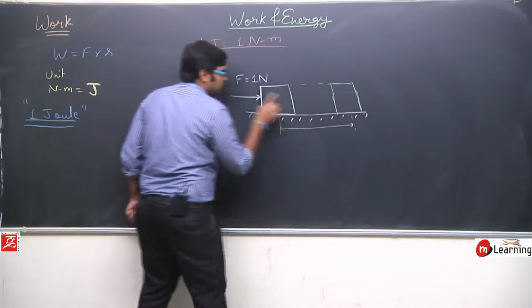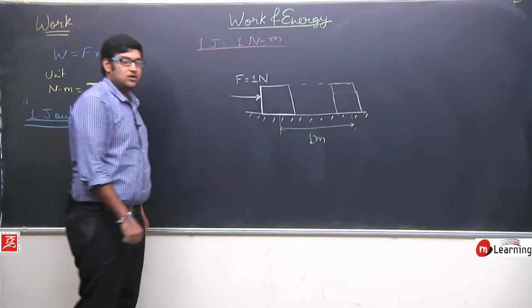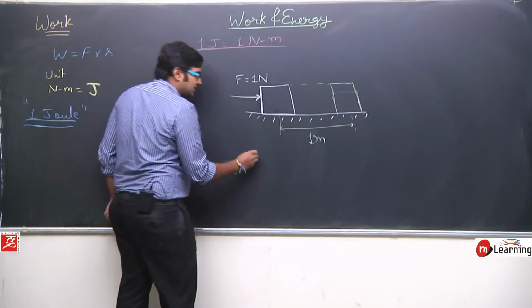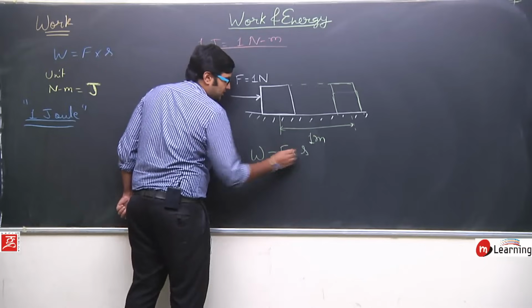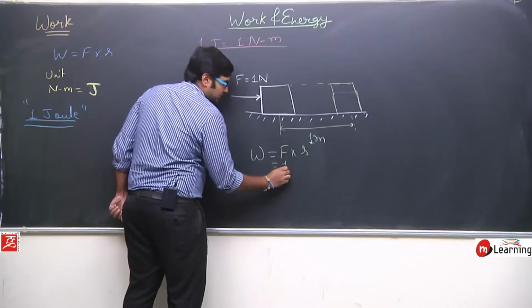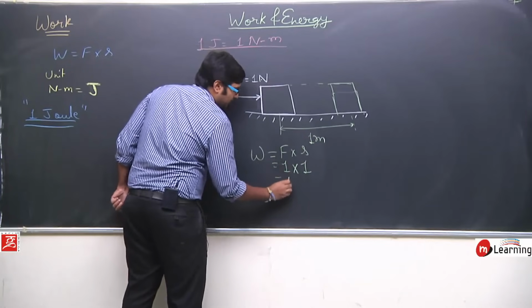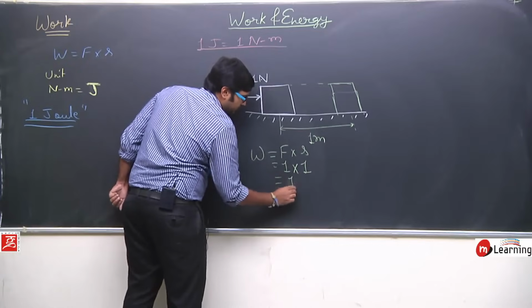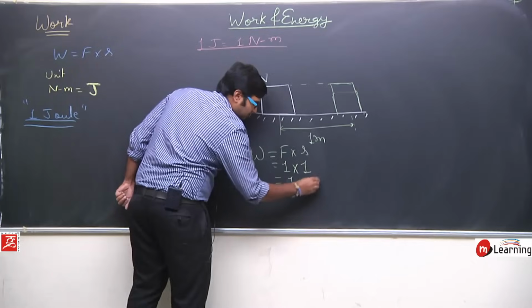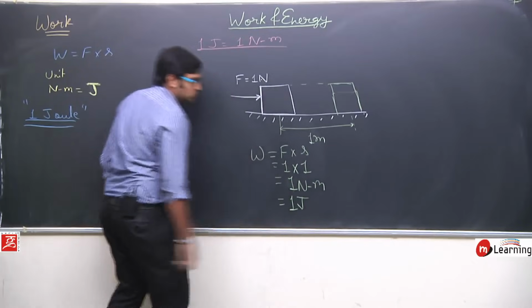1 meter, we say in this case that work done is force into displacement, where force is 1 Newton and displacement is 1 meter. So this will give you 1 into 1, or I can write directly 1 Newton meter, which can be written as 1 Joule.